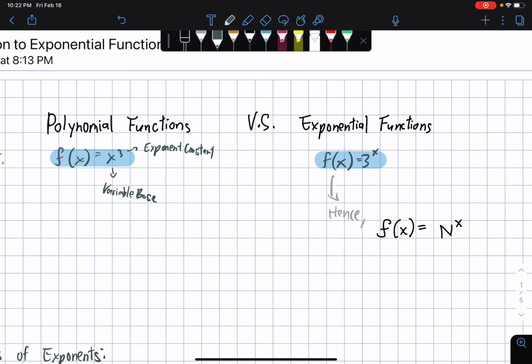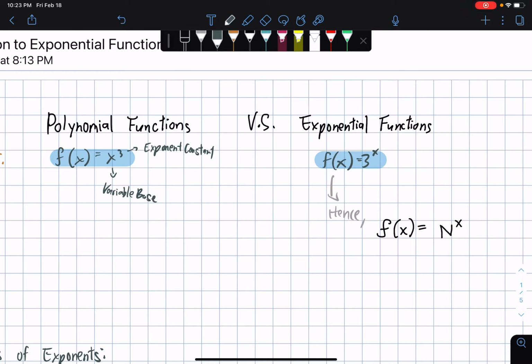Usually in first or second year high school, in the introduction of elementary algebra, you'll be encountering polynomial functions or functions with lower exponents such as x raised to 2, the squares, those kinds of stuff.